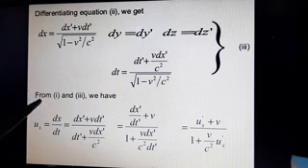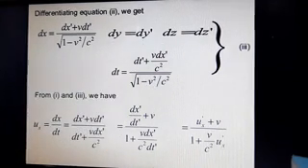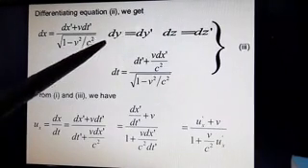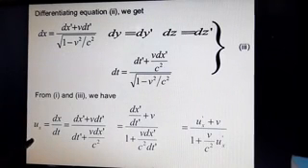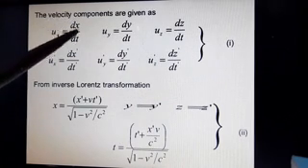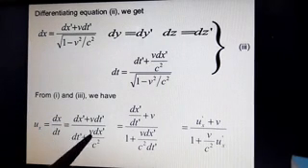From equation number 1 and 3, on putting the values of 3 in 1, we will get ux equal to dx upon dt. So the values of dx and dt are put here.